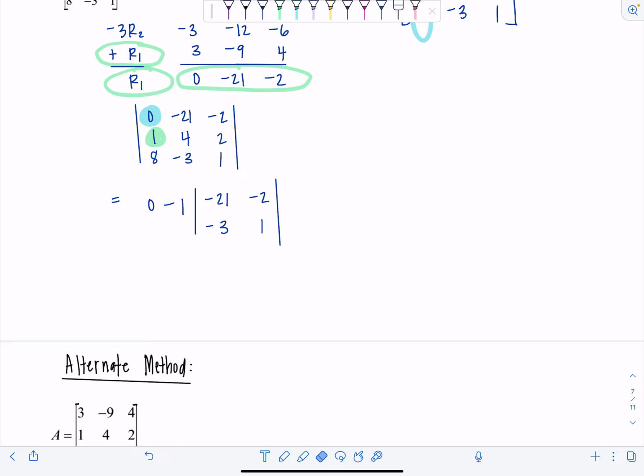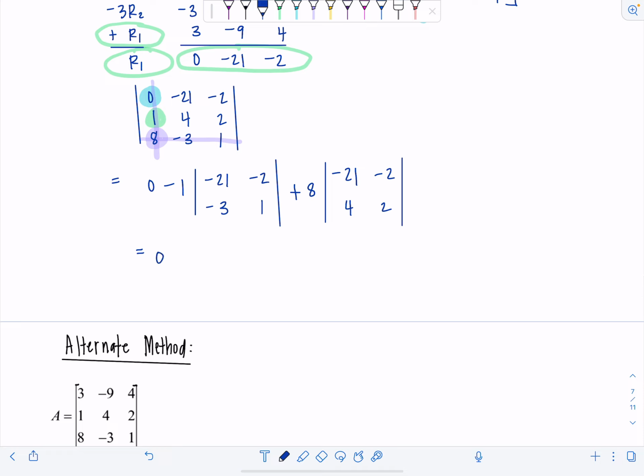Things are looking good. And then last entry here, plus 8 times the determinant that results when I delete that row and column. So I have -21, -2, 4, 2. All right, so what do we have here? We have 0 minus, this product is -21 minus 6, plus 8 times, this is -42 plus 8.